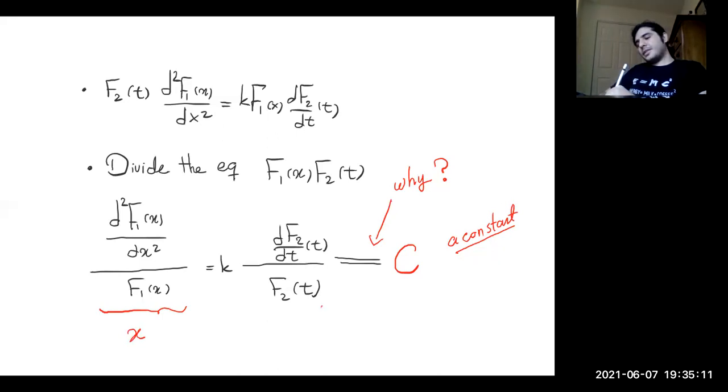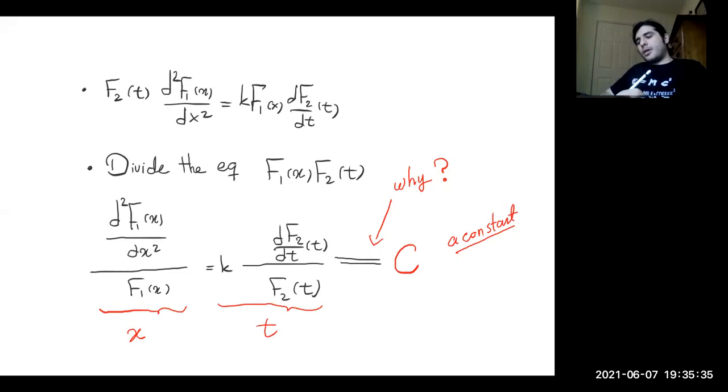This part, all of it, is a function, and the variable is t. So they are supposed to be equal. That is not possible. Do you agree? I mean, one of them is a function of x, the other one is a function of t. How can that be equal?